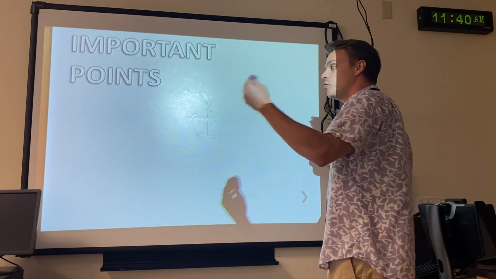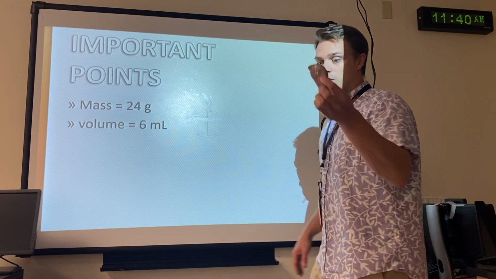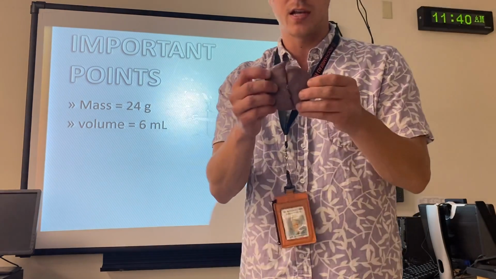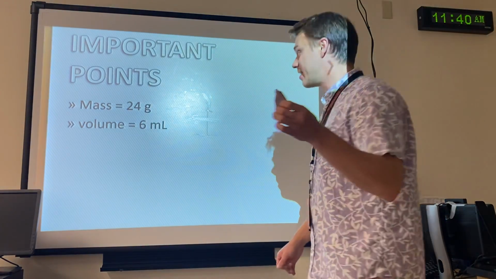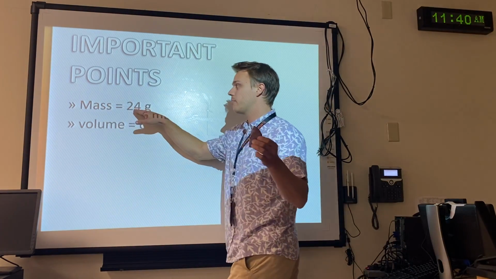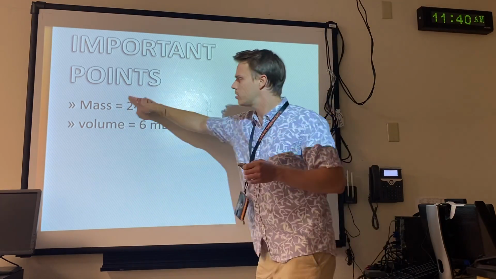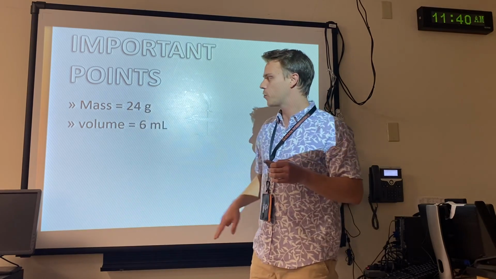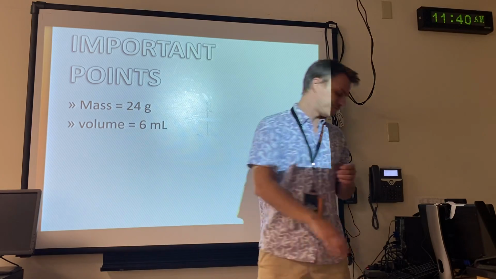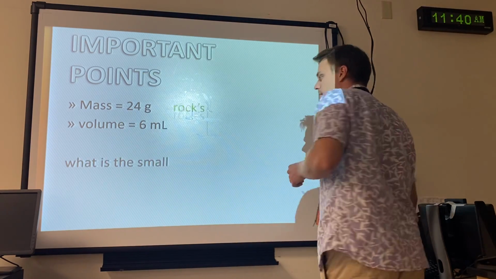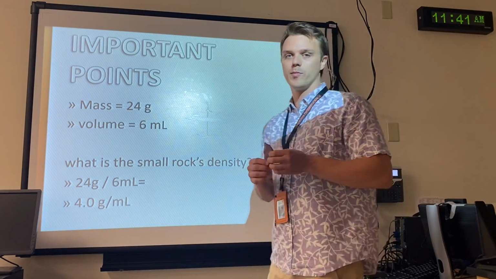Now, let's use the new mass and the new volume to determine this object's density. So when it was together, the object's density was 4 grams per milliliter. Now that it's in half, the mass is cut in half, but also the volume is cut in half. So if we plug this into our calculator, 24 grams divided by 6 milliliters, which is mass divided by volume, we're going to end up with 24 divided by 6, 4 grams per milliliter.